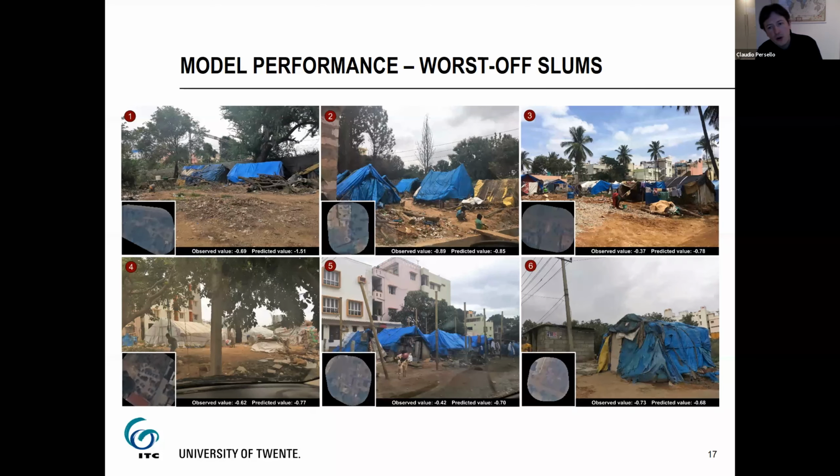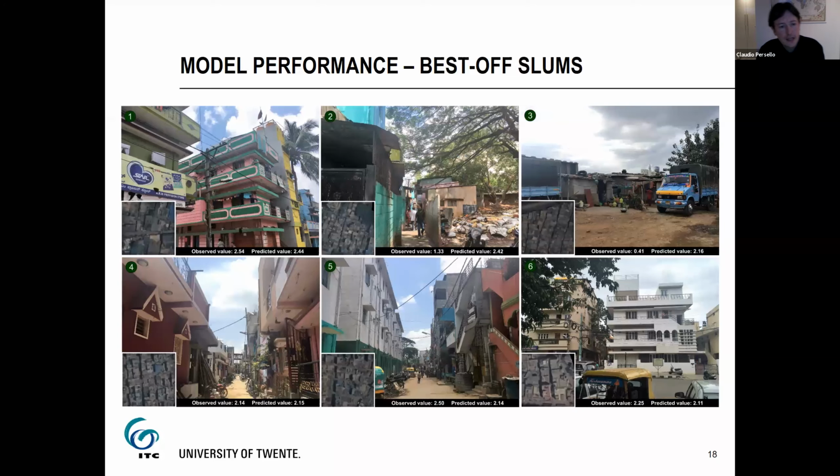And what you see here, this index takes negative values for the worst of slums. On the contrary, the best of slums take positive values of this socioeconomic index.